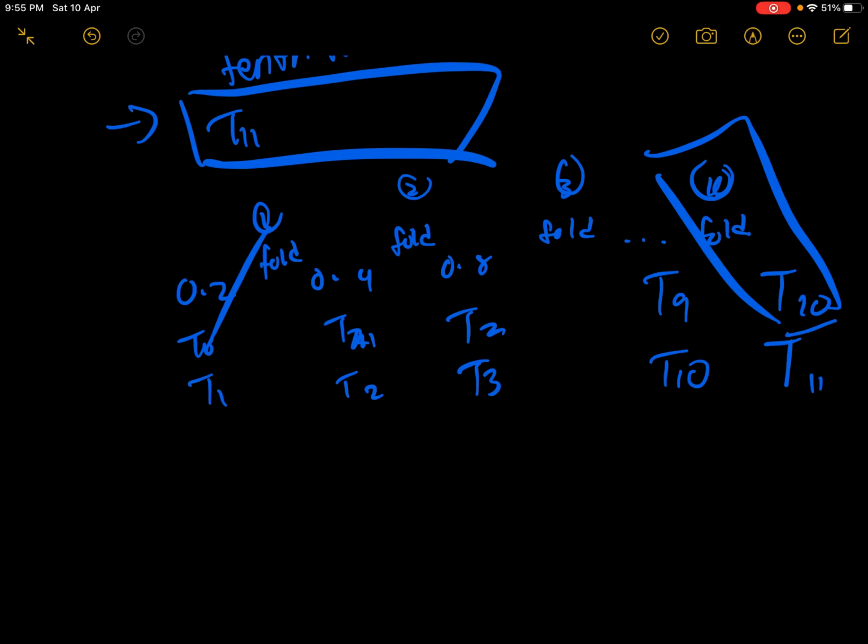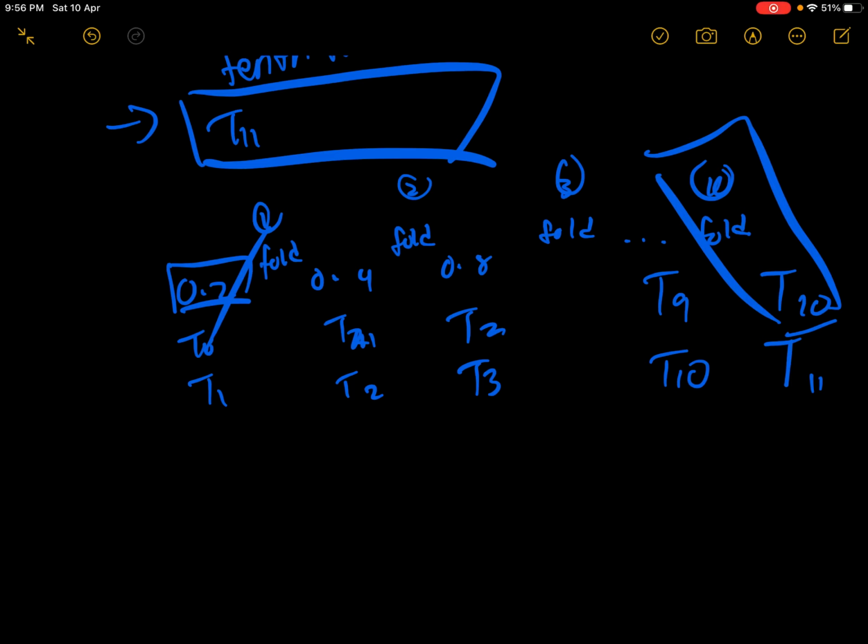So if you want to find T10, you need to make sure that your first term starts after folding. There is no harm in starting with 0.2, but you need to keep in mind that 0.2 is the starting point, and there were no folds before that.